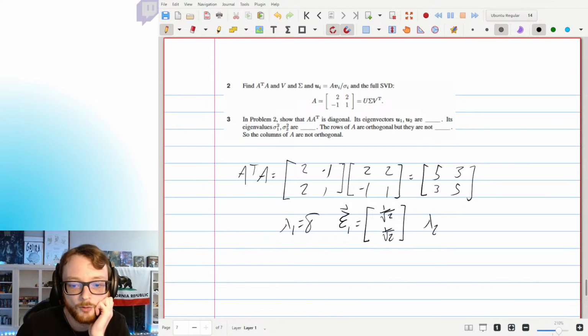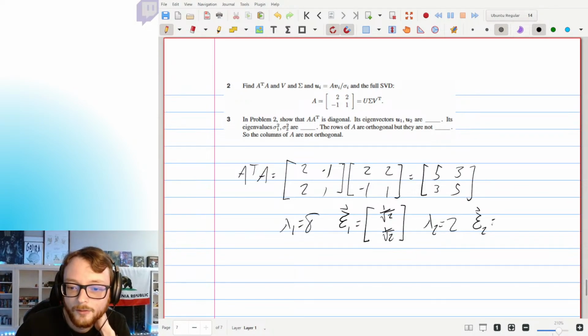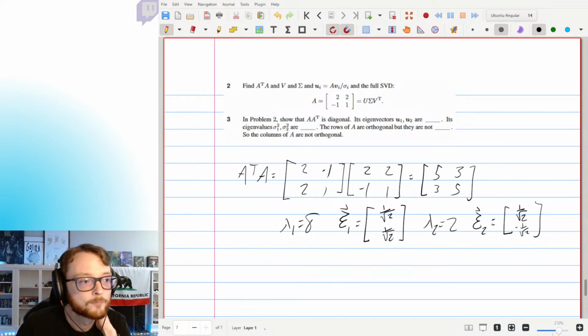And then if lambda 2 is 2, oh, that's not a bad one right there. We're gonna get 1 and -1, but unit vectored up. Okay, and so that means V in some order.